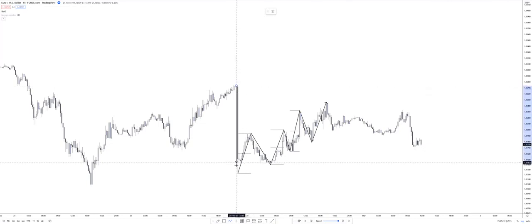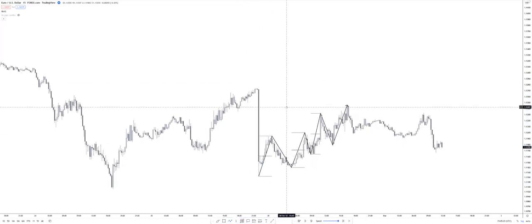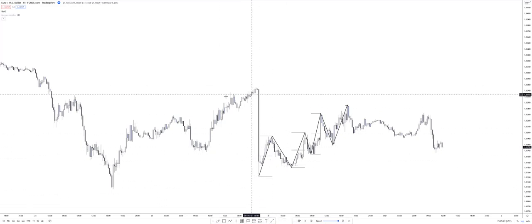Say, in this case, it just came down, made a high, and then made a low again, and then it's much easier to see, and that just becomes substructure instead of internal structure. It's when there's not even a change of character that you get this purely internal structure that you have to look at. So yeah, that is that covered.